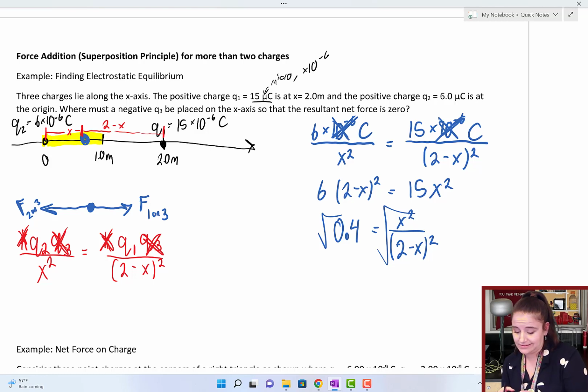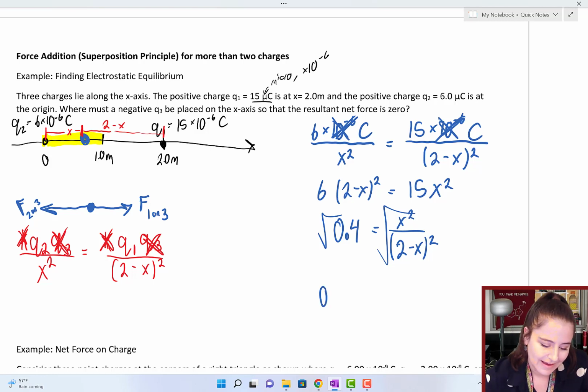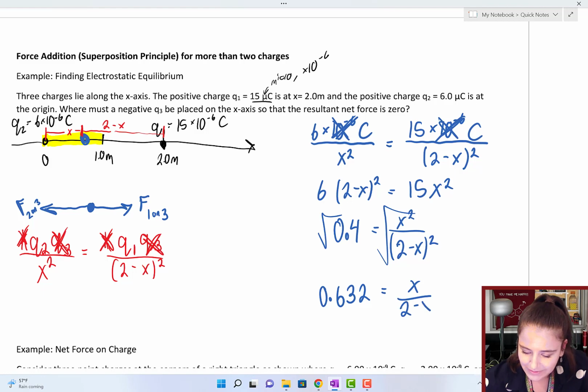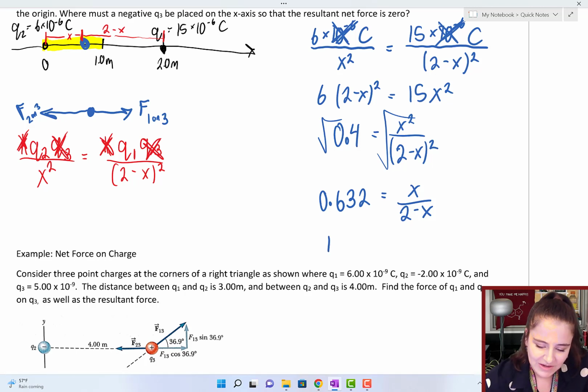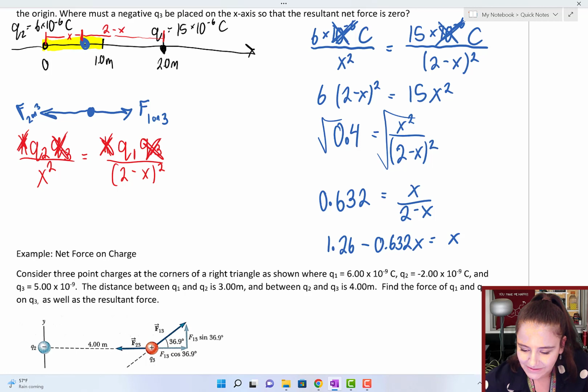So the square root of 0.4 is, I thought it was 0.2. It is not 0.2. It is 0.632, equals x over 2 minus x. Okay, so then do more algebra. 0.632 times 2 gives us 1.26 minus 0.632x equals x.